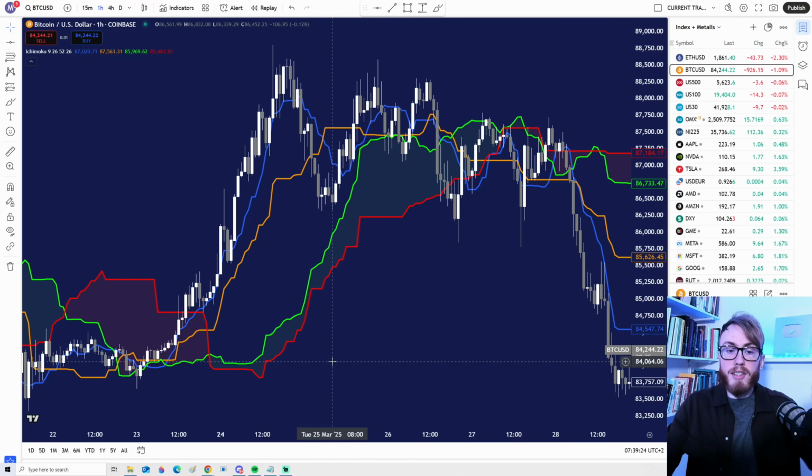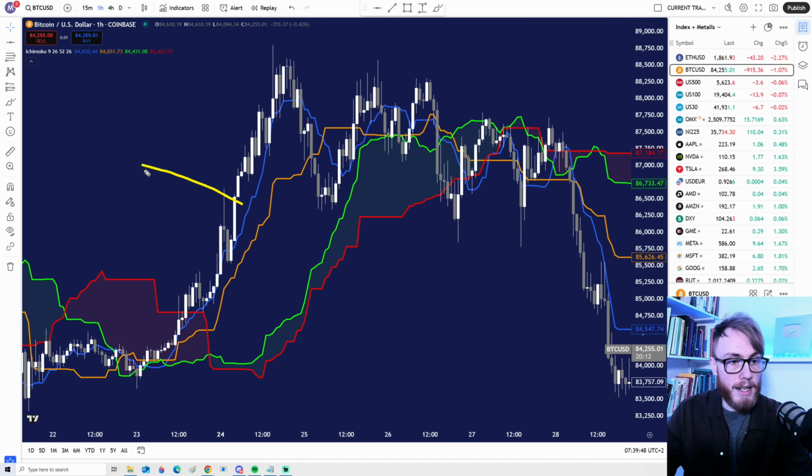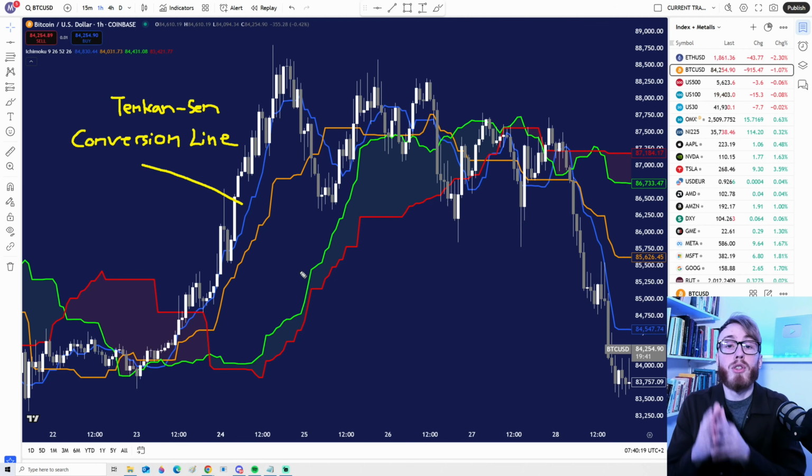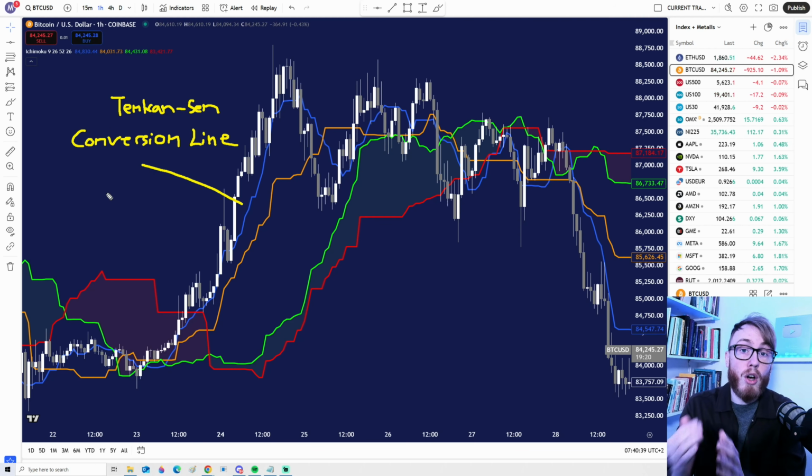But alright, so now let's jump back into TradingView, because now we need to understand what all of these lines mean. And let's begin here with the blue line. The blue line is called the conversion line, or in Japanese, the Tenkan Sen. This line shows short-term market momentum. With the standard settings, it takes the midpoint of the last 9 periods.